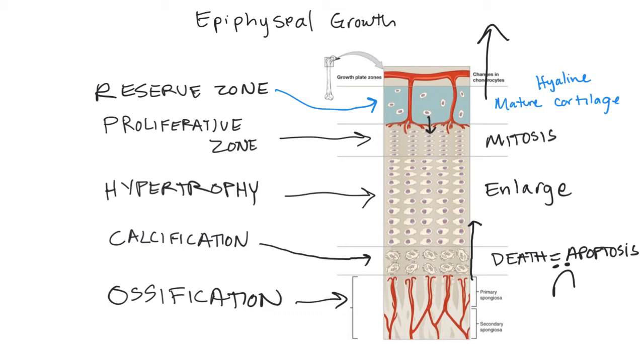All right. Sorry, real quick. So the top is the surface of the bone, right? So this would be the epiphysis. Above it would be spongy bone, right?